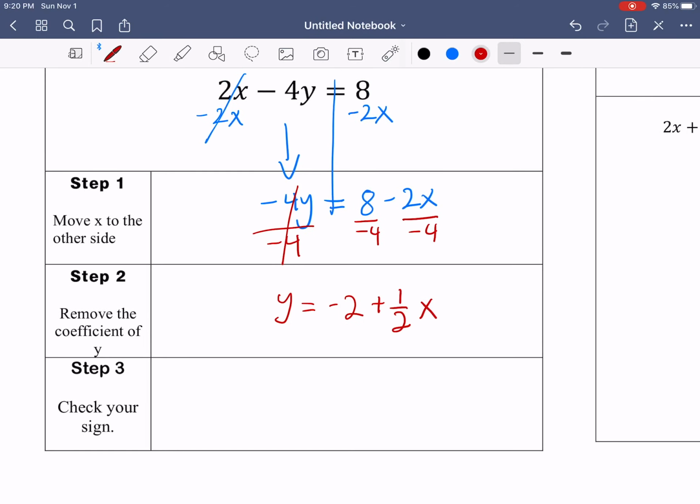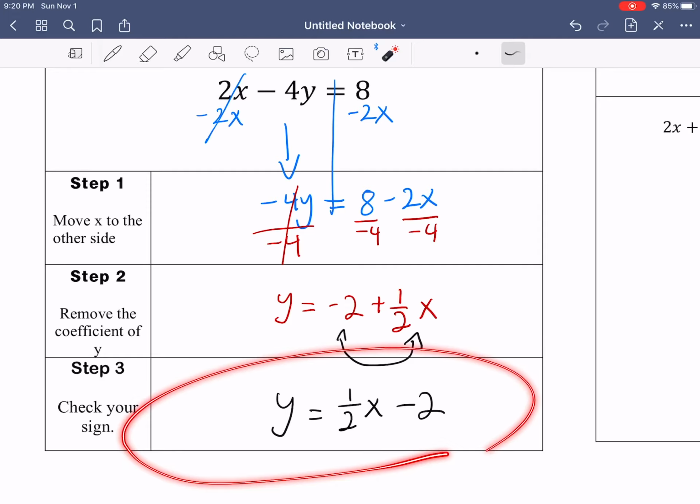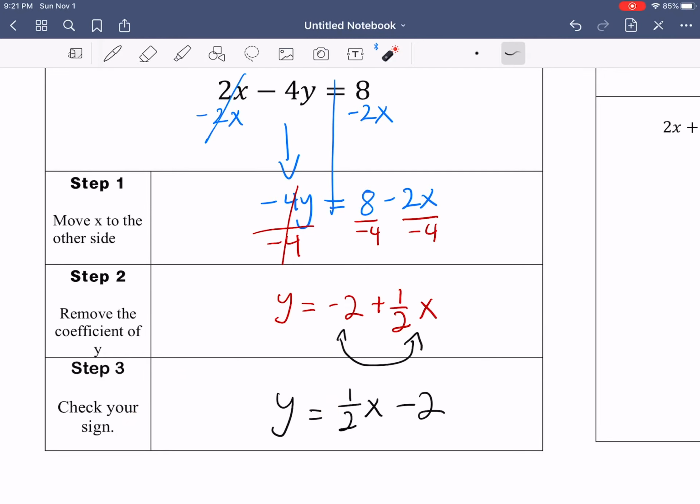So you have to check your sign, but that's not the final answer because you want to write the variable first. So you are going to switch it. So y equals 1 over 2x minus 2. I'm not going to put plus here because you don't have to, as there's a hidden positive in front of it, okay?